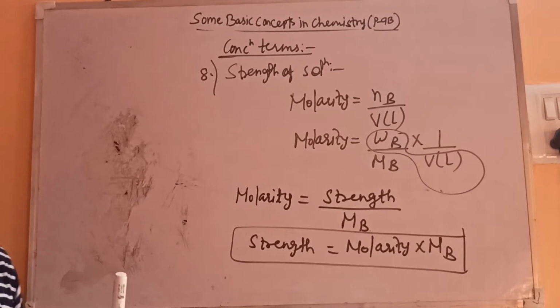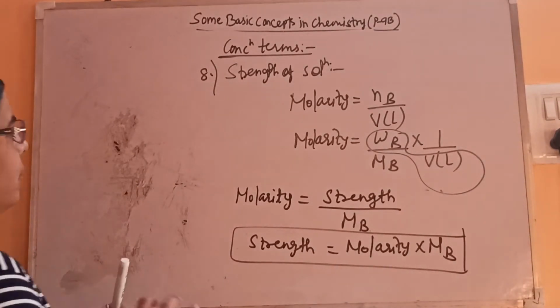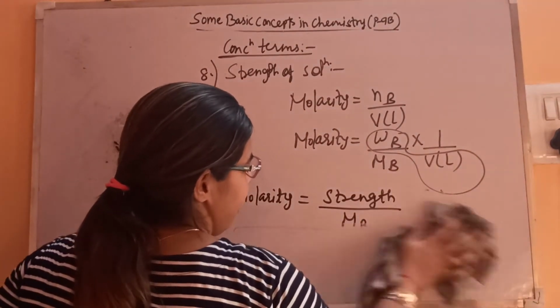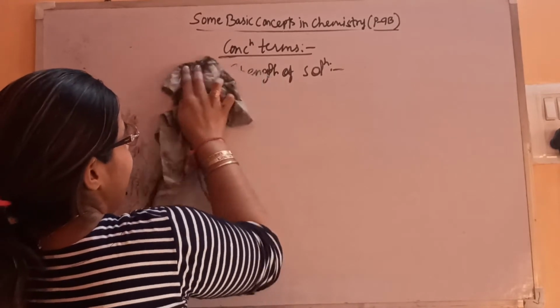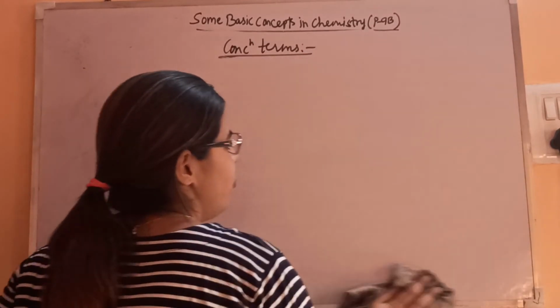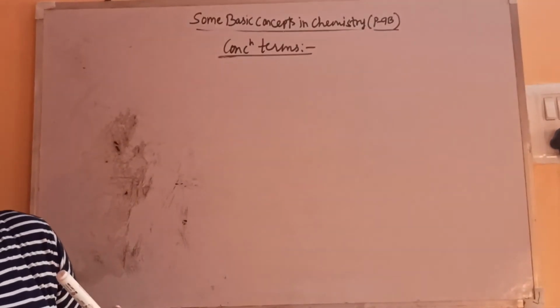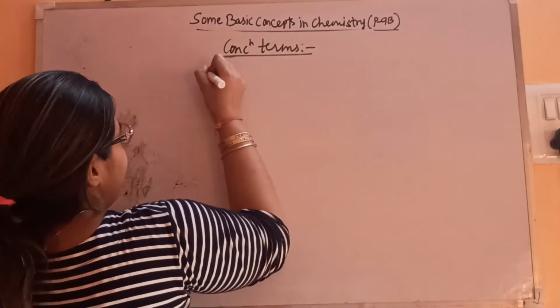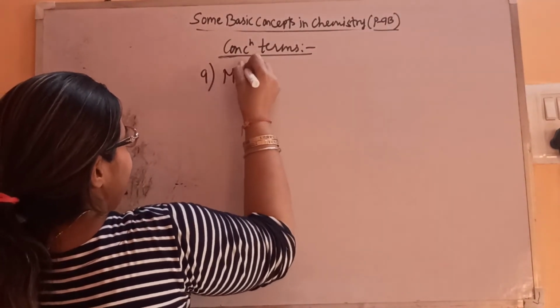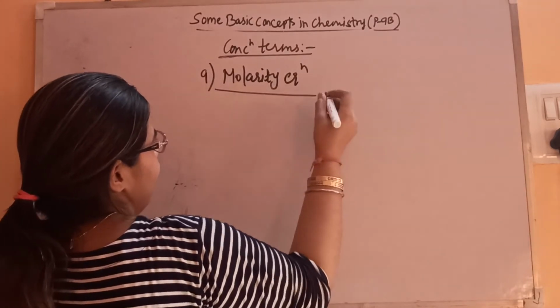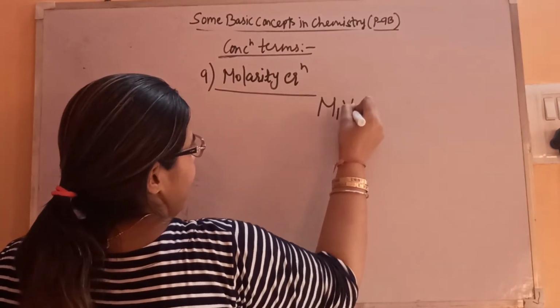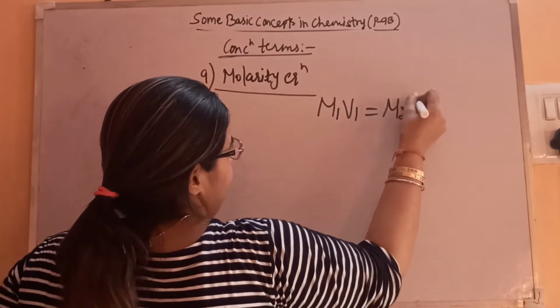Fine. Now the next term is the molarity equation. What is the molarity equation and how do we apply it? That we will be deriving from molarity only. So the next is the 9th term, the molarity equation. It is M1 V1 is equal to M2 V2.